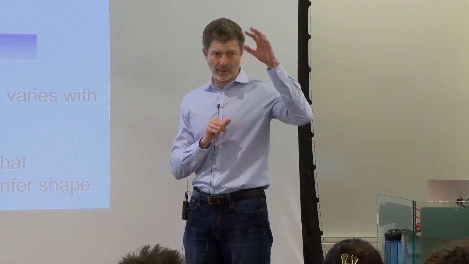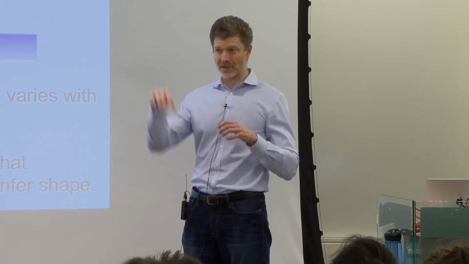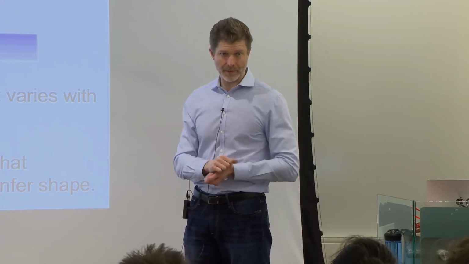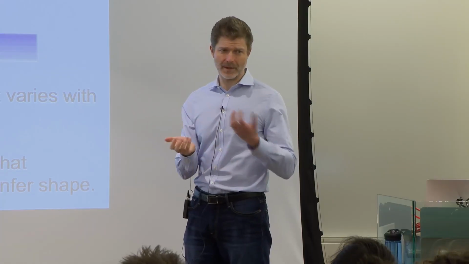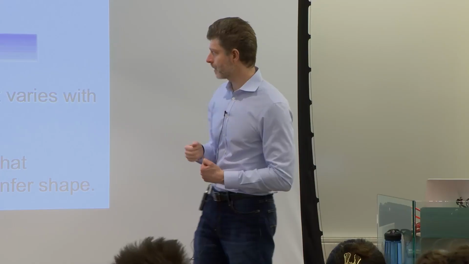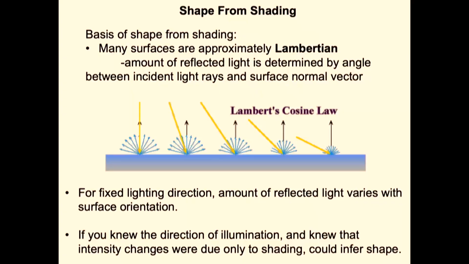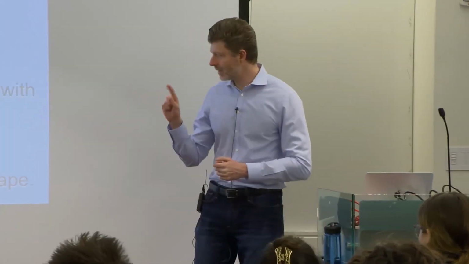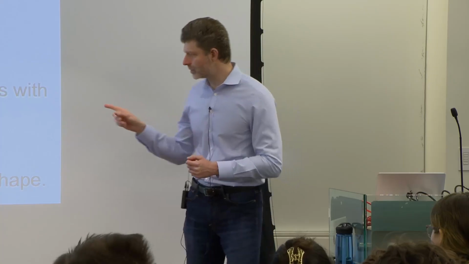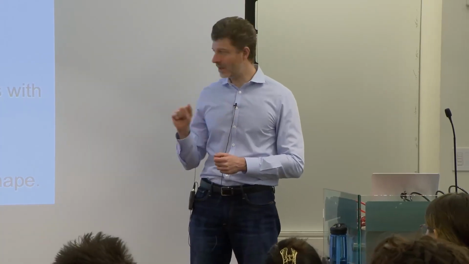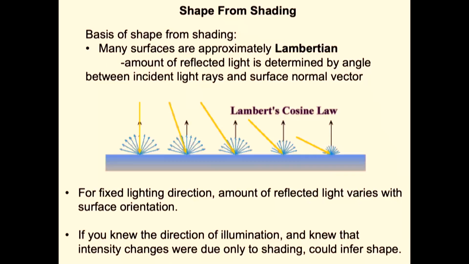So typically in the world, there will be one light source, and so the direction of illumination will be fixed in some particular direction, but the orientation of the surface will vary because an object is curved.